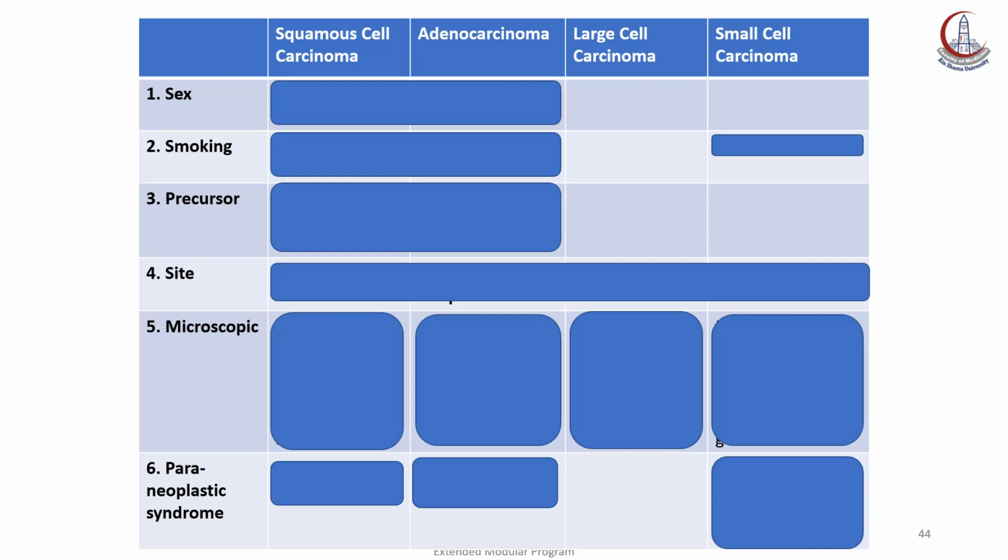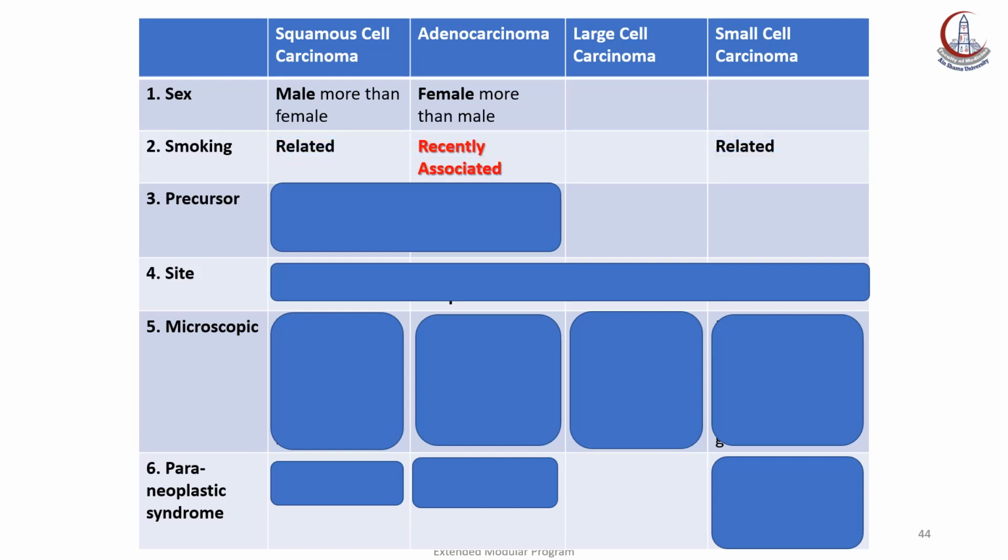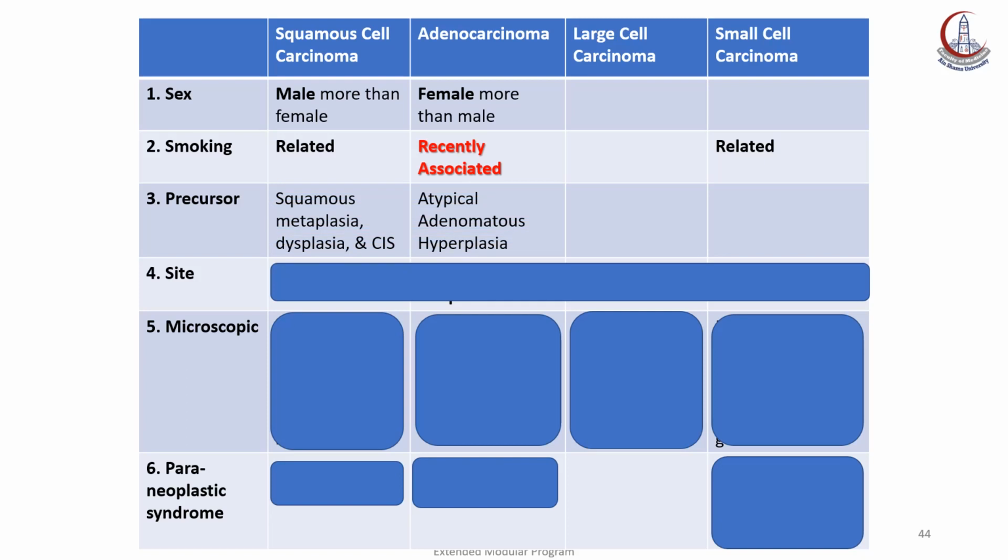To summarize, 4 types of bronchogenic carcinoma, starting with the squamous cell carcinoma, more common in males, adenocarcinoma, more common in females. The squamous and small cell carcinoma are related to smoking. The adenocarcinoma is the least related to smoking. The precursor of squamous cell carcinoma is squamous metaplasia, dysplasia, and carcinoma in situ.